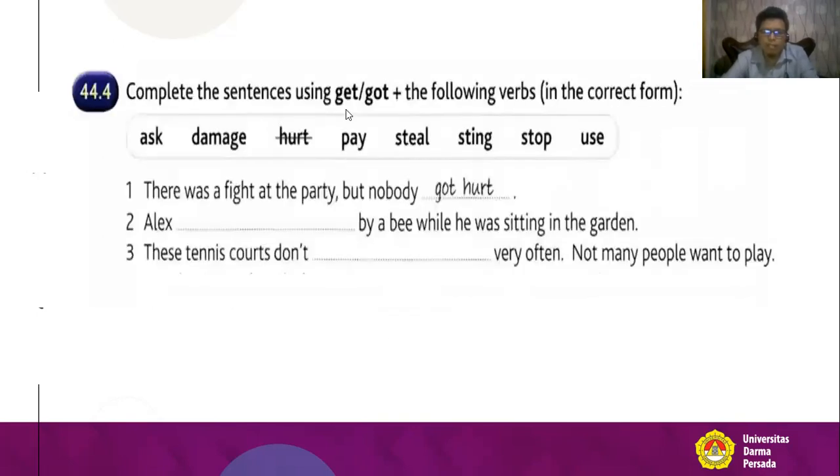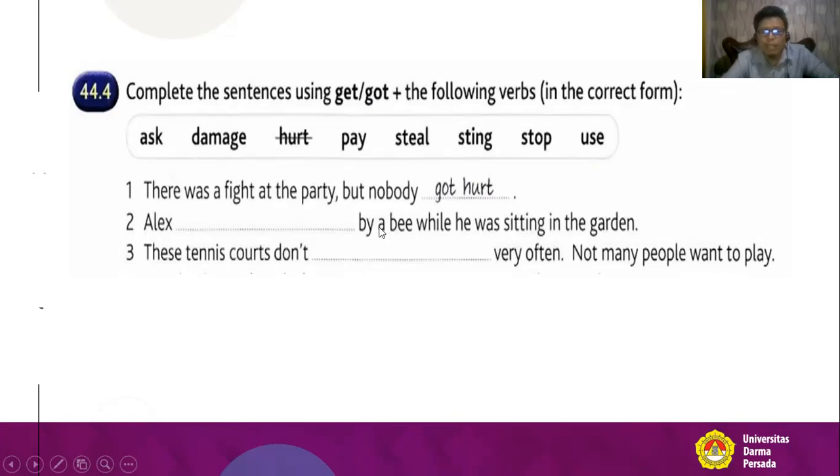Okay, next. This is the last one. Complete the sentences using get, in the correct form. Ask, damage, hurt, pay, steal, sting, stop, use. There was a fight at the party, but nobody got hurt. Got hurt. Got and then hurt. Alex, is it get or got? We have was, that is simple past. So we say Alex got.